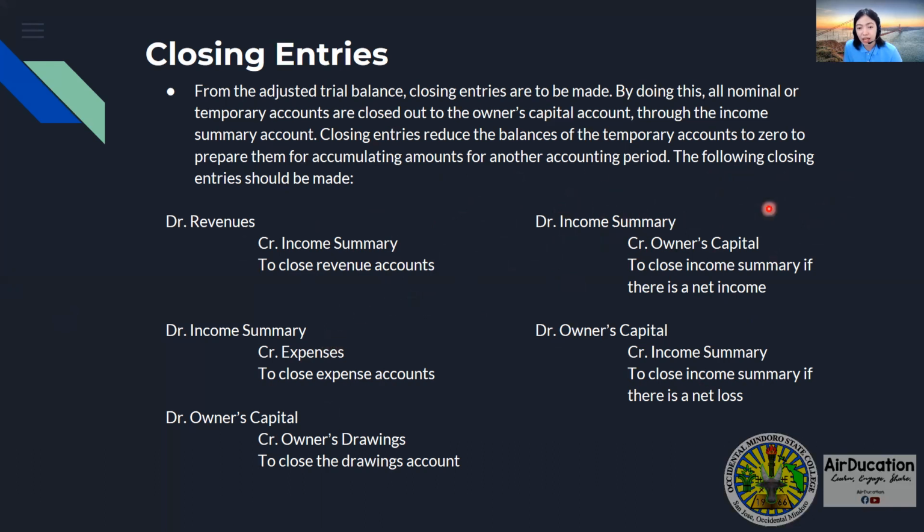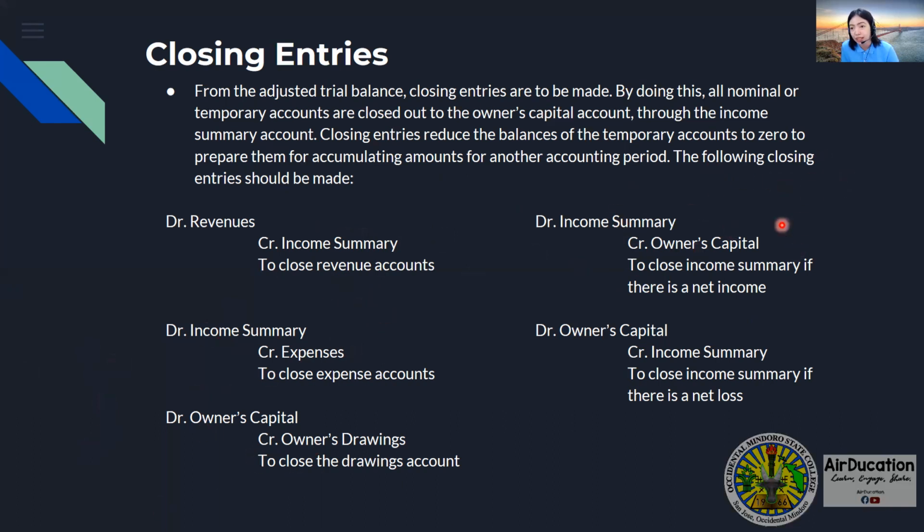Kasi ang original principal dito, lagi siyang nakakredit. Para siyang treated nga as revenue. Lagi siyang nakakredit. Okay? Dinedebit lang natin siya kagaya na to every time na may nababawas doon sa expenses natin. So, yun siya. Okay?